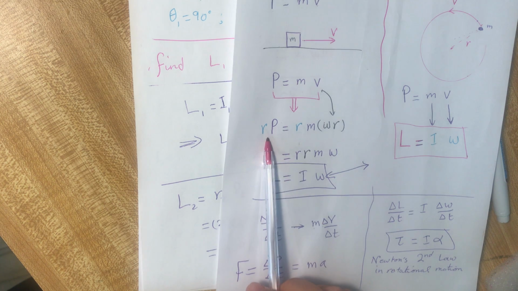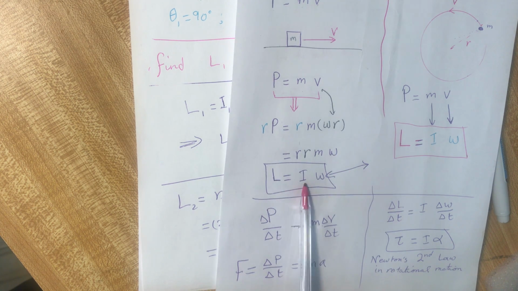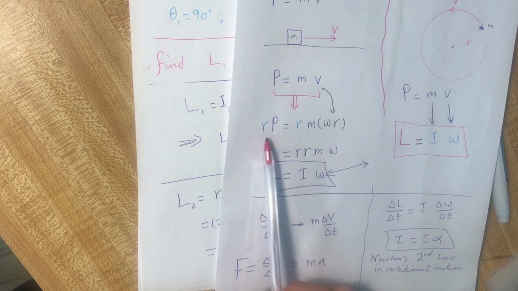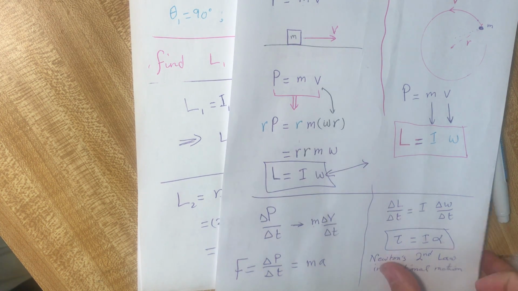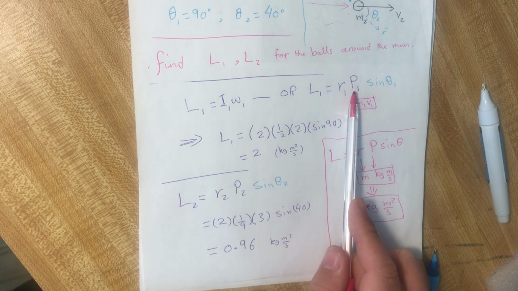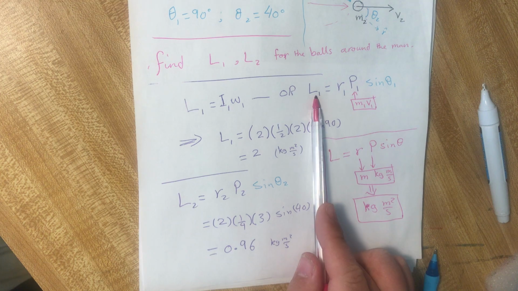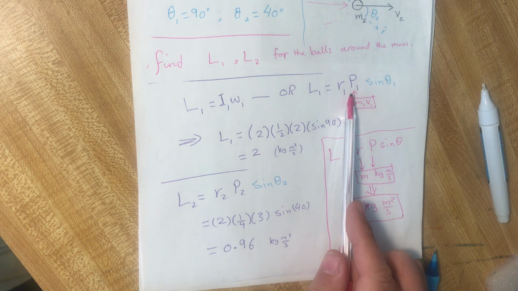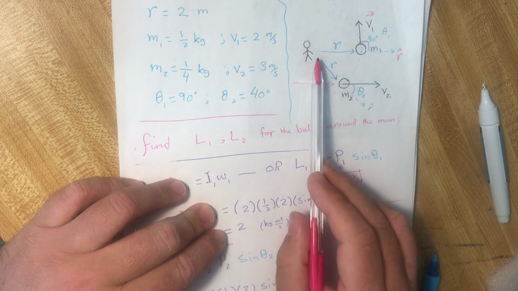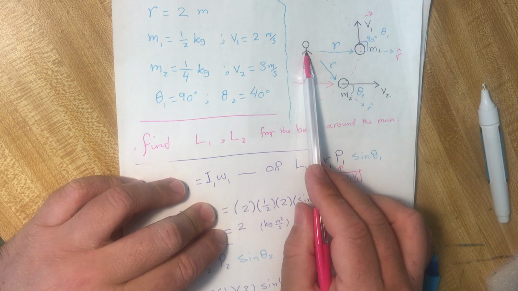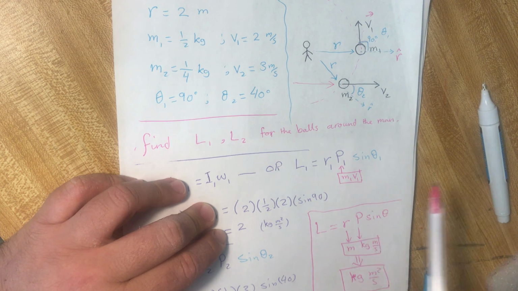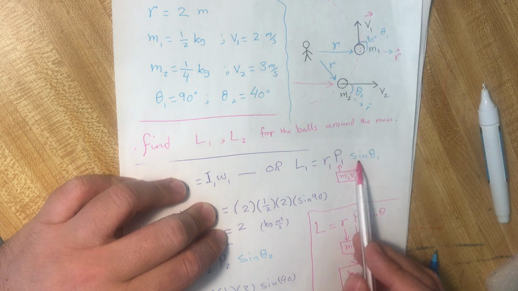Or, as we see from here, we know that L is equal to I multiplied by omega. Also, it is equal to r multiplied by p. So this is the second form: r multiplied by p is equal to L. But we need the perpendicular distance between the person and the rotating mass, so we need to put sine theta.